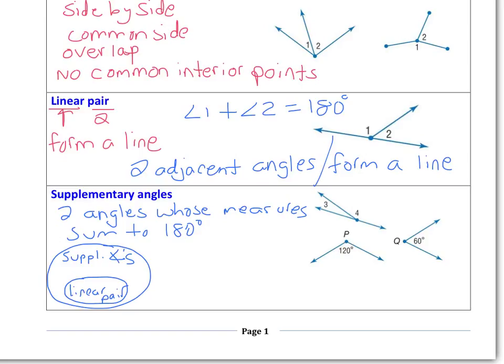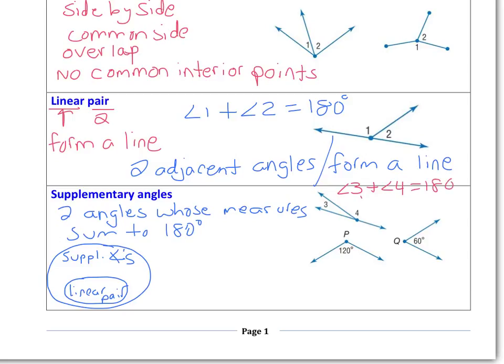However, angles P and Q, we could also say that those angles are supplementary because their sum is 180 degrees. However, they are not a linear pair. So I'm going to just write that over here. 3 and 4 sum to 180.